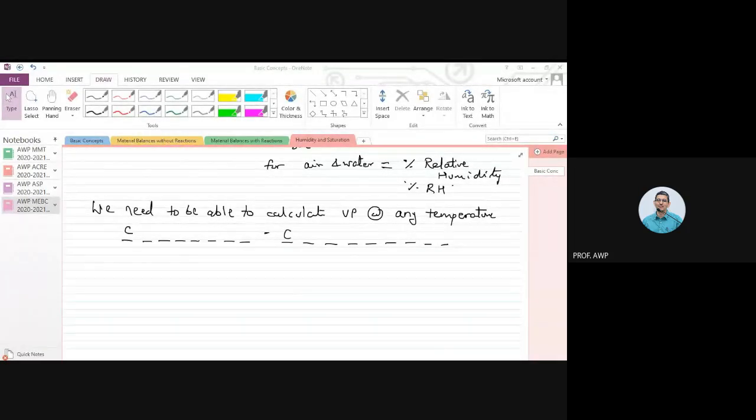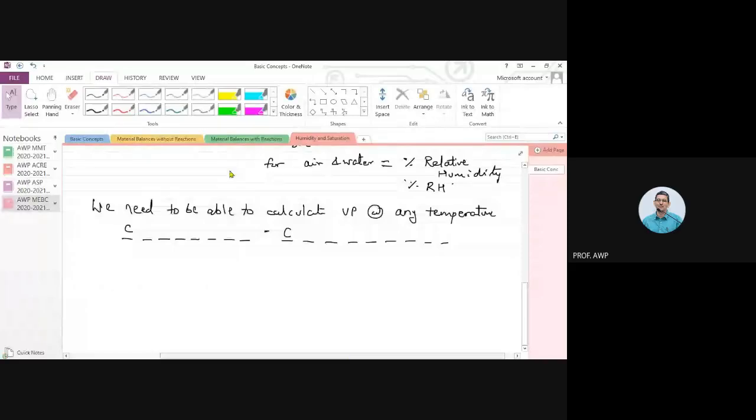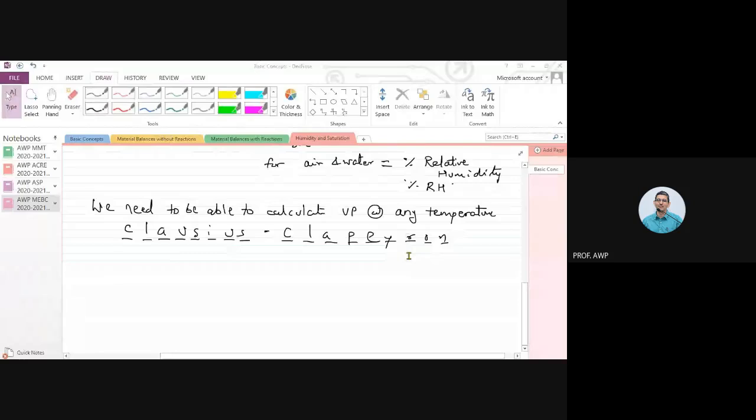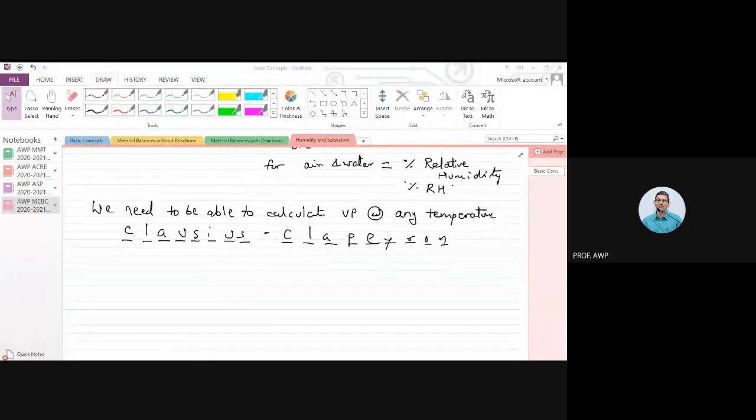Anybody knows what this equation is called? There is an equation that relates vapor pressure and temperature. Clapeyron. Ah, very nice. What is the Clapeyron equation? Can you tell me the equation?